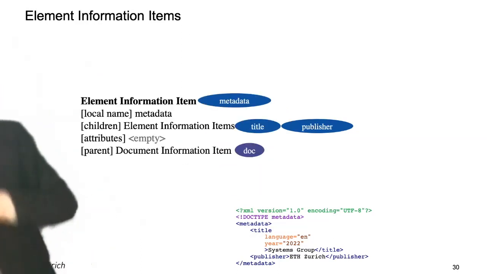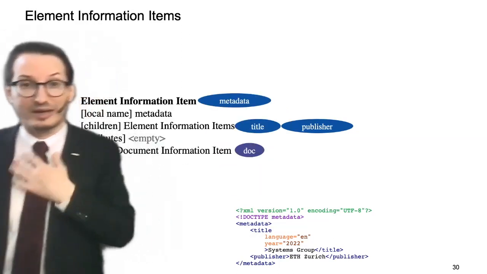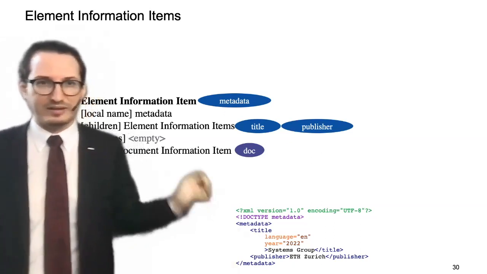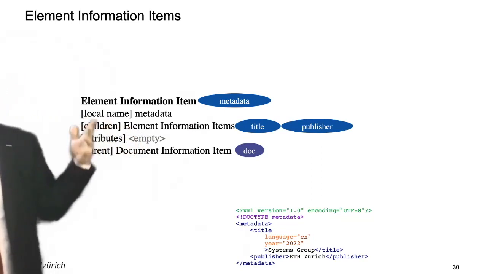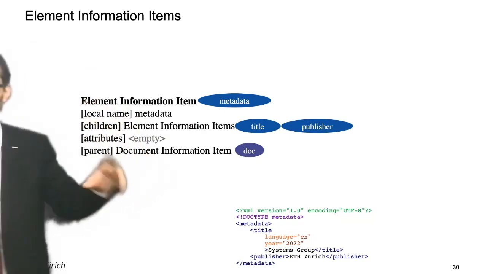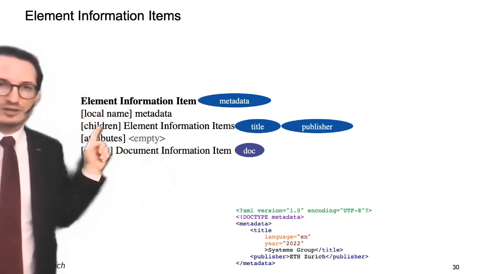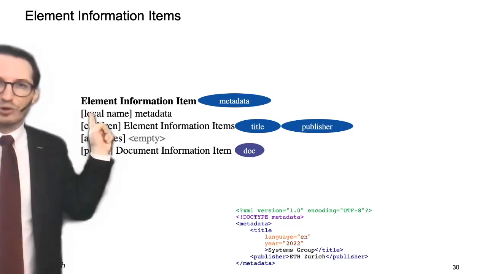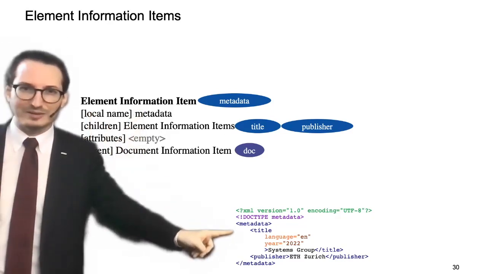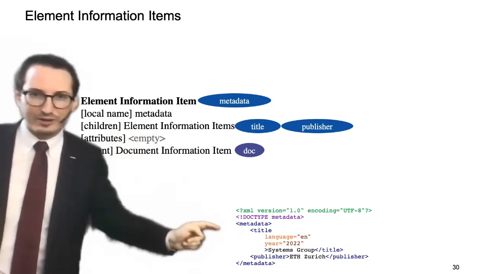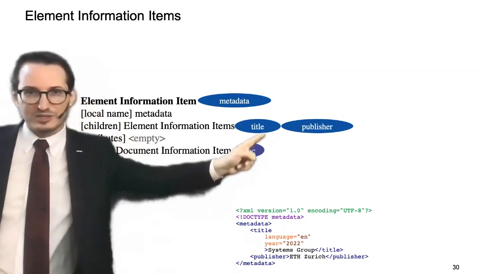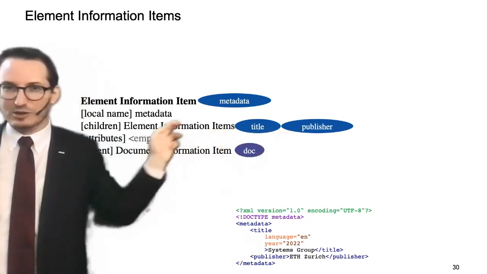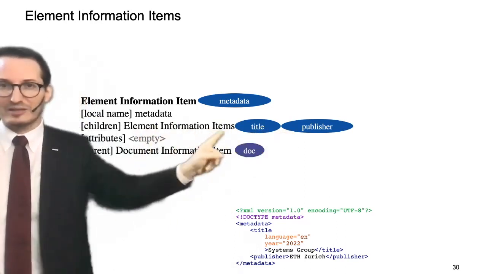Now we look at the element information item. So let's do it with metadata. The element information item metadata has different properties than the document information item. It's like polymorphism in object-oriented programming. So you see you have the local name metadata, right? The children: when you see title and publisher, these are two children right there. These are just pointers to other element information items.